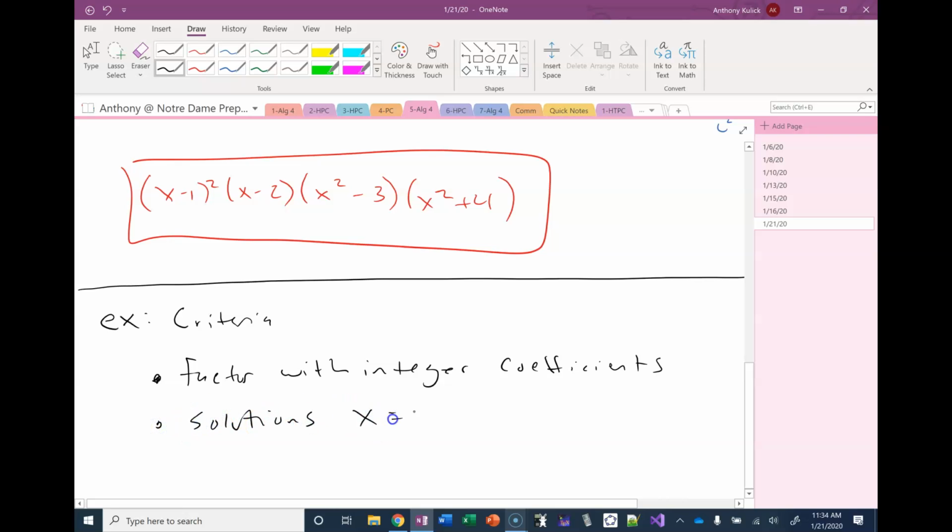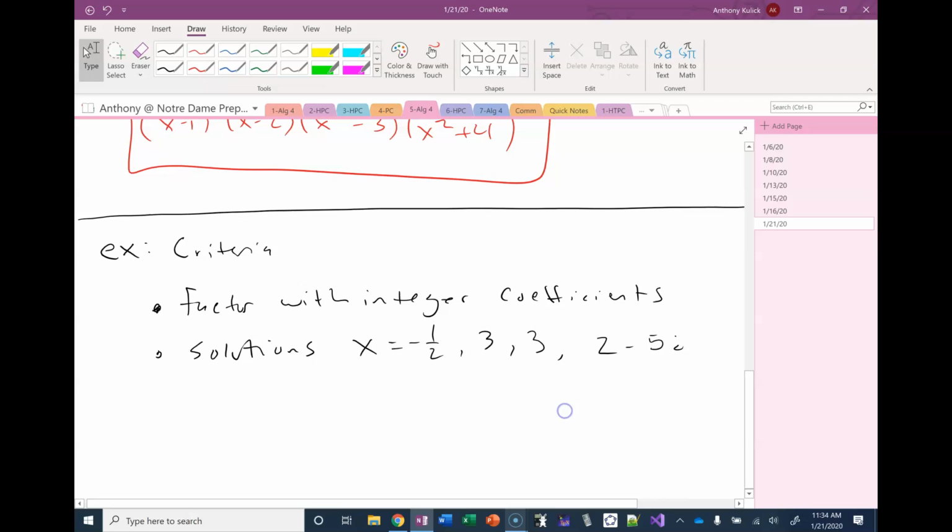Our solutions are -1/2, 3, 3, and then 2 minus 5i. I want minimum degree, and let's say a leading coefficient of 6.